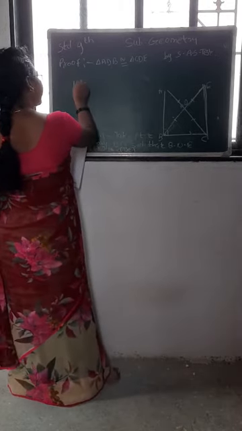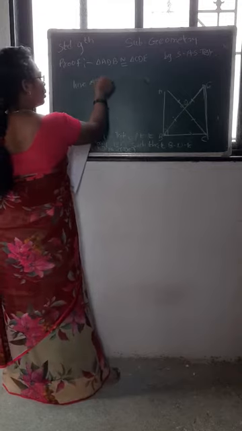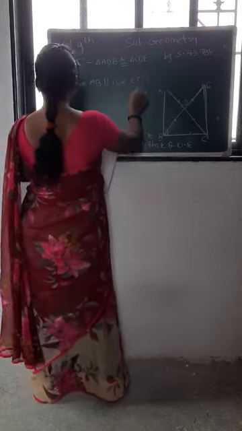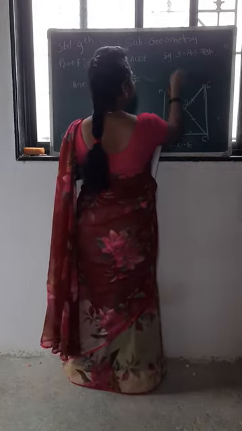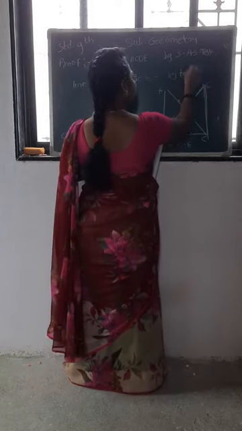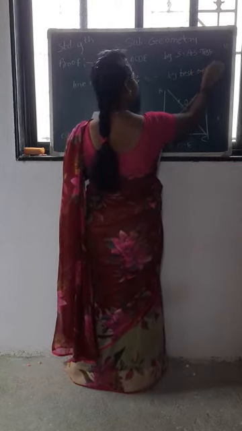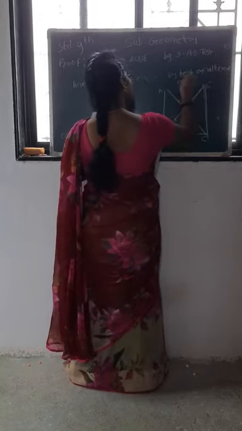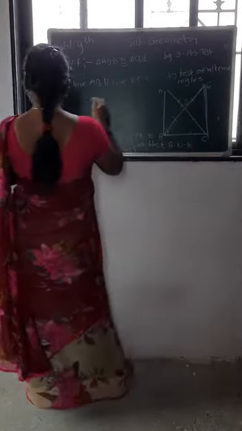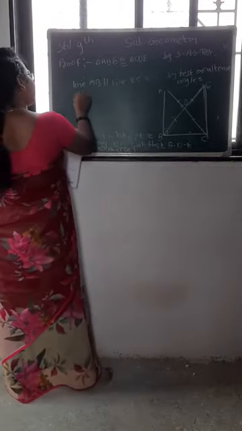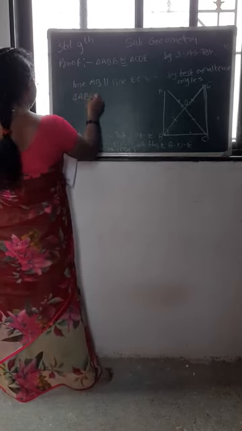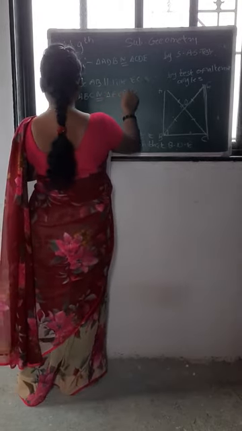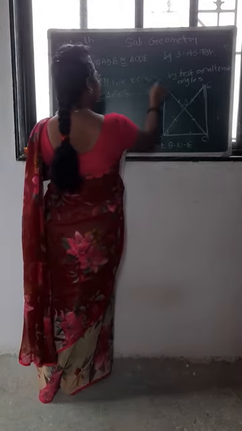Then line AB is parallel to line EC by the test of alternate angles. Next, triangle ABC is congruent to triangle ECB by the side-angle-side test.